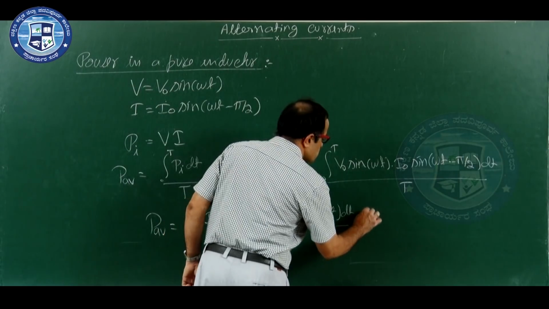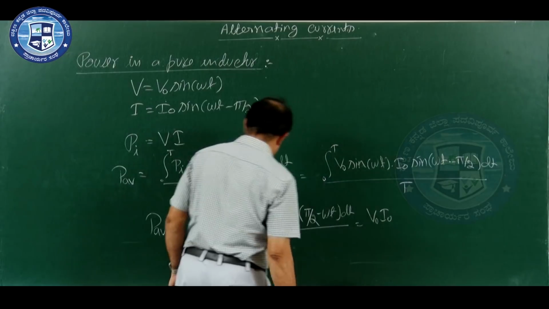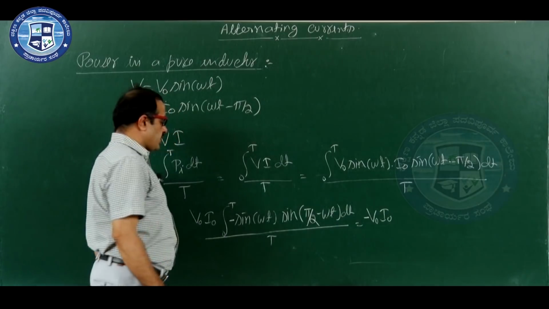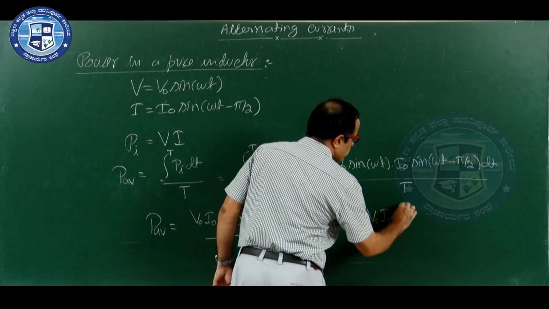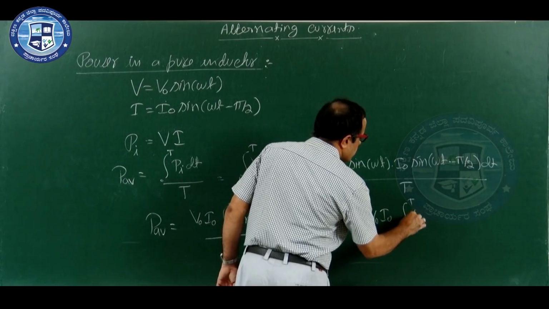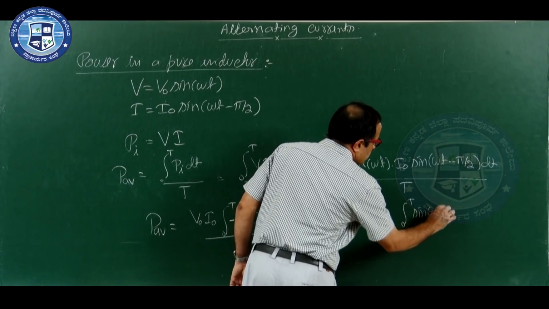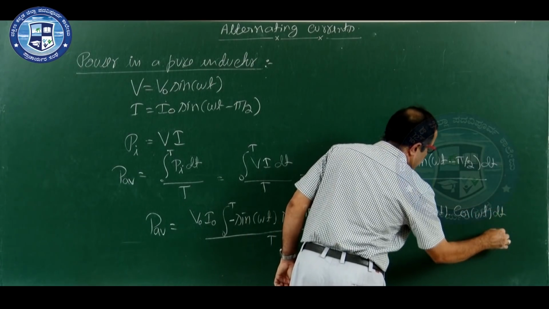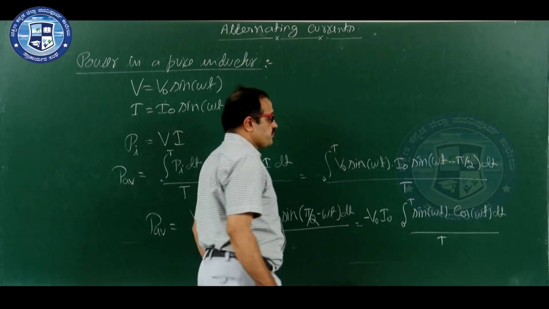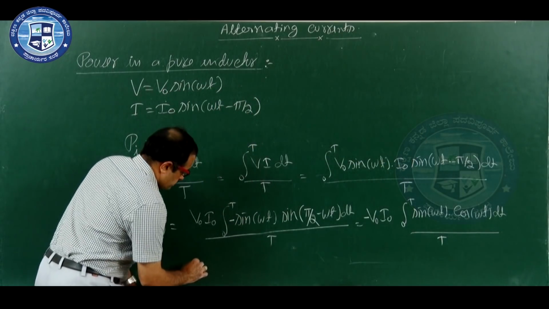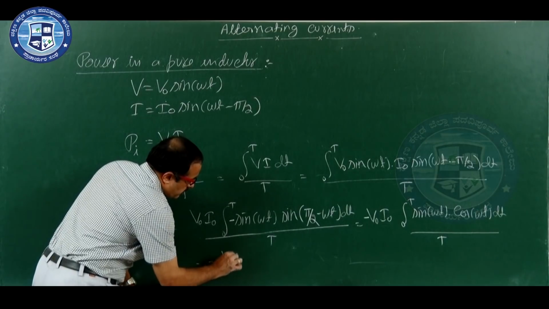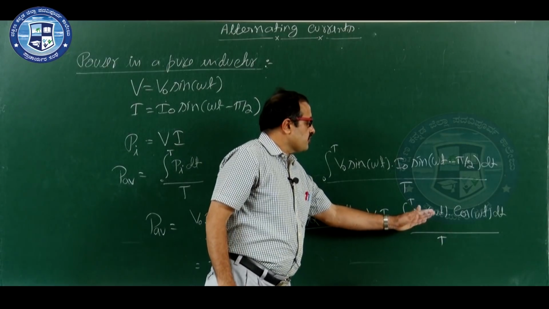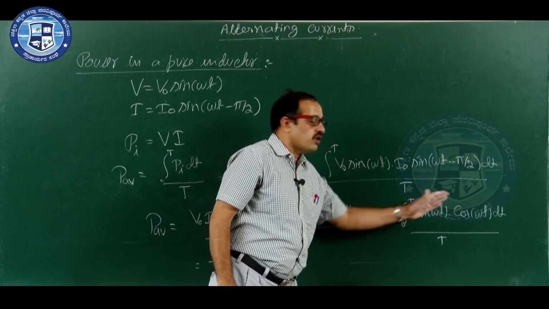Therefore, it is written as minus V naught into I naught, integration 0 to T, sin omega t into cos omega t dt divided by T. Look at this, it is nothing but sin theta into cos theta.